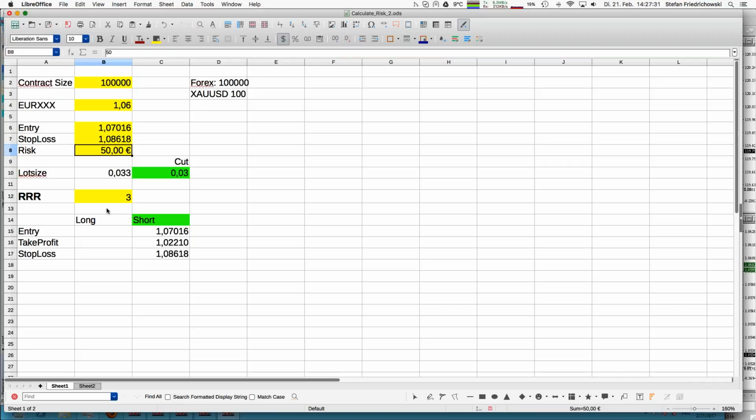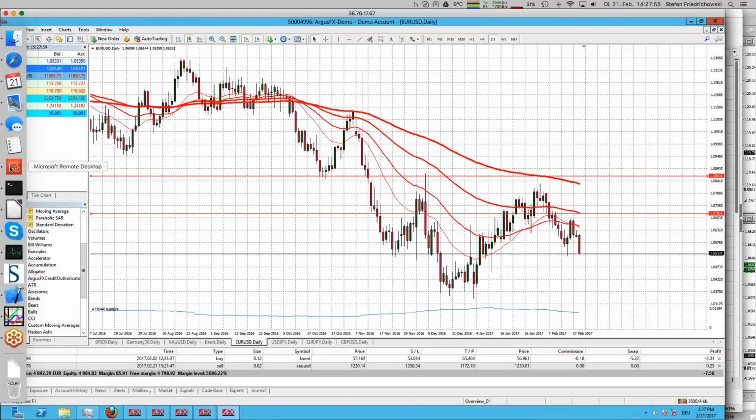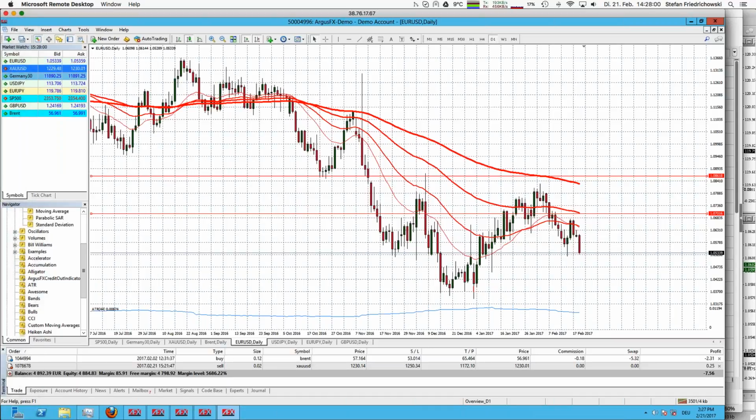So that would give a take profit of 1.02210. So that's already close to parity for that kind of currency pair. And we should remember the lot size as well, which is calculated to 0.03 for a trading risk of 50 euros. So let's go back to the chart here and let's enter the trade as well.